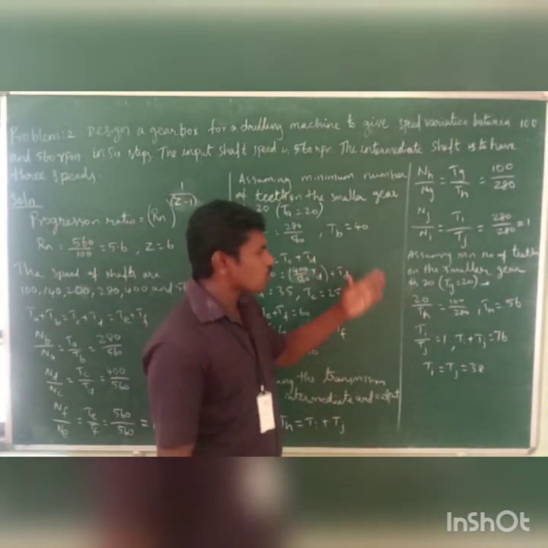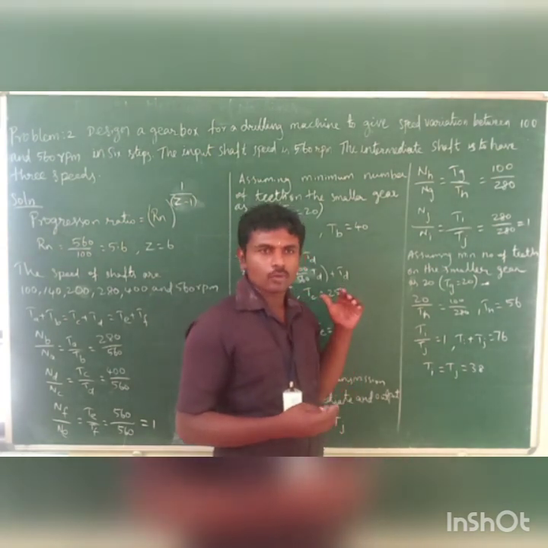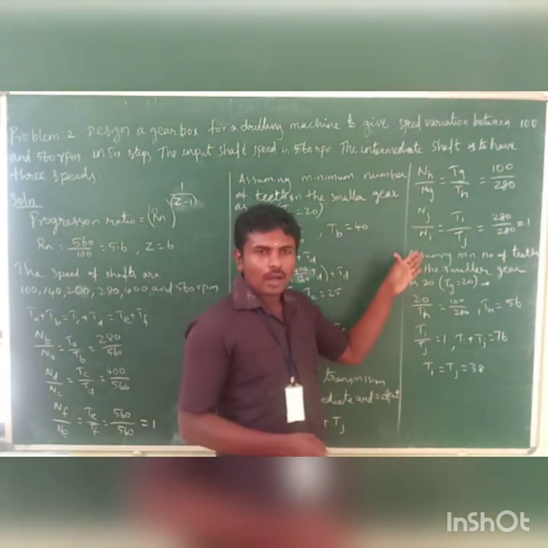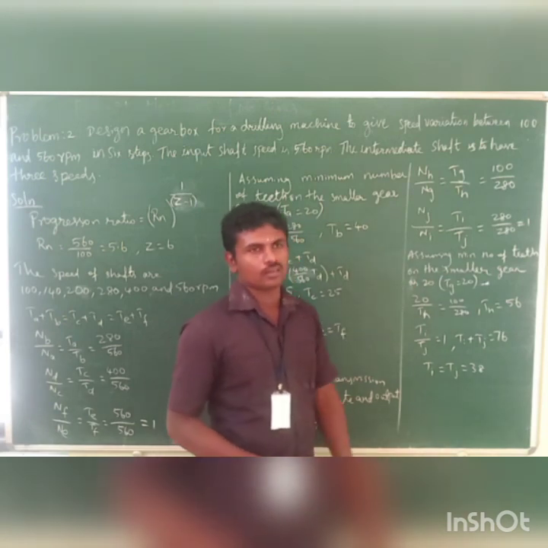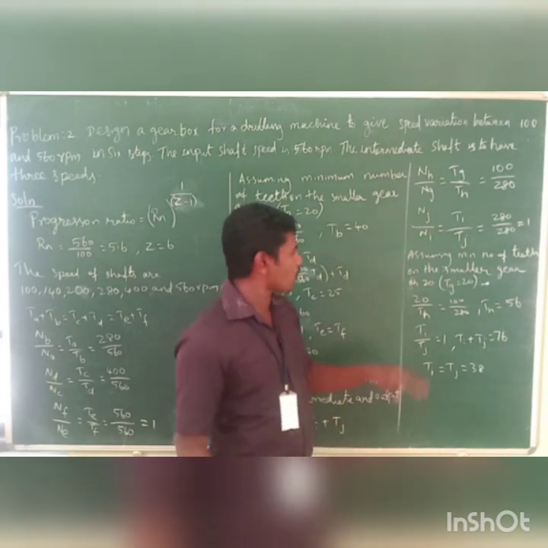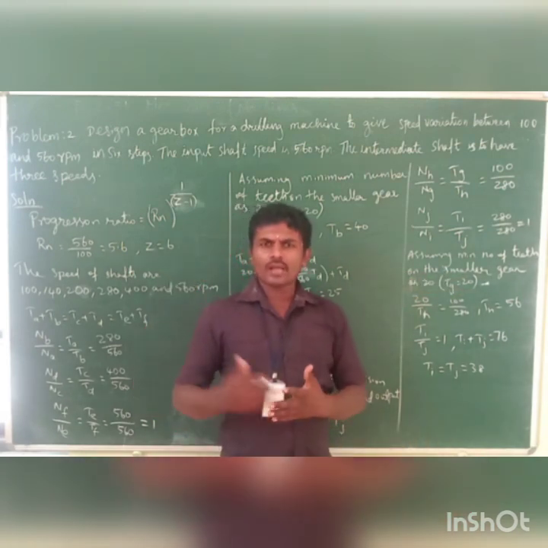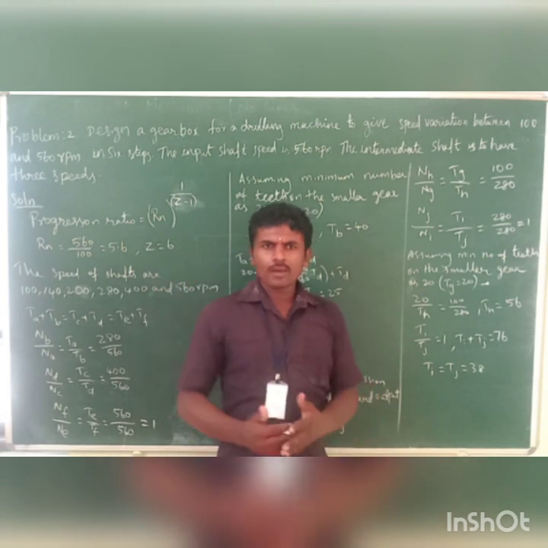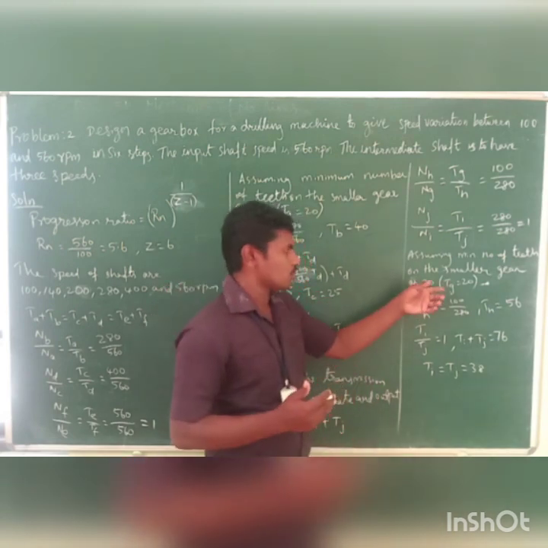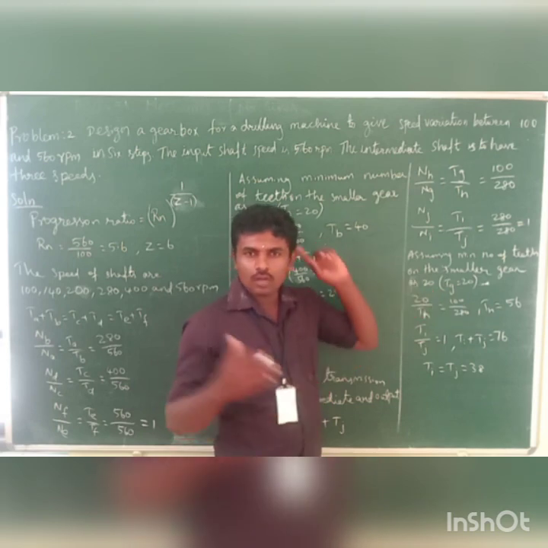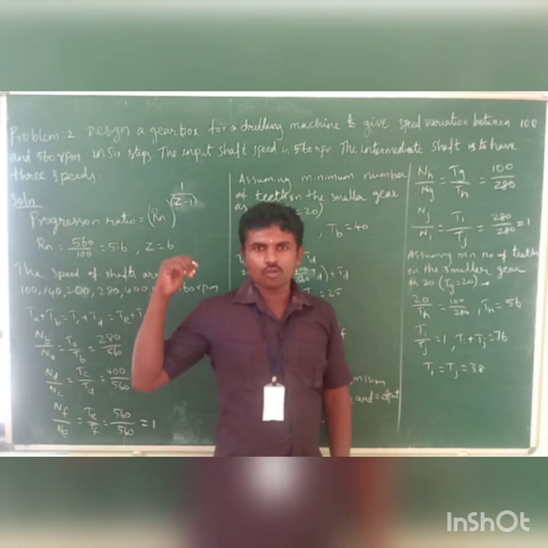So here also a similar thing I am going to do. I am going to assume the minimum number of teeth for the smaller gear, the same as I assumed earlier. TA, I already assumed as 20 teeth.